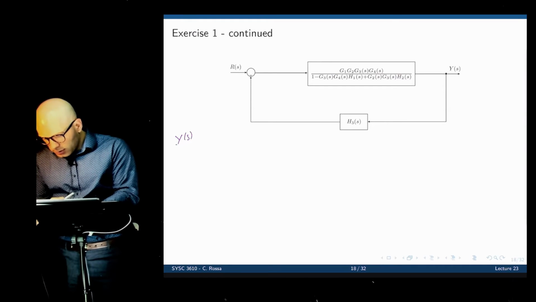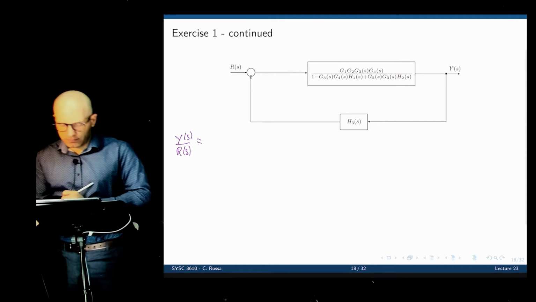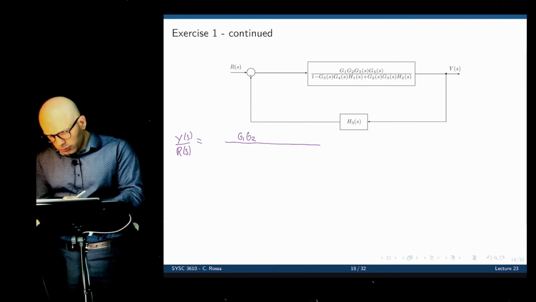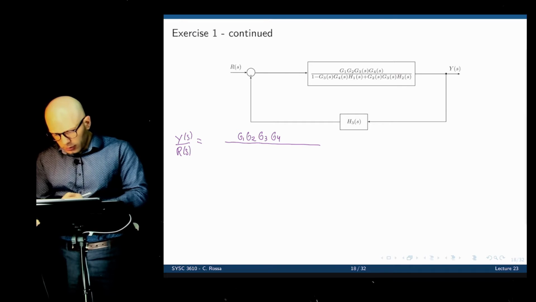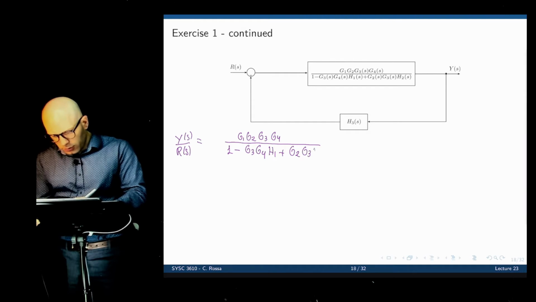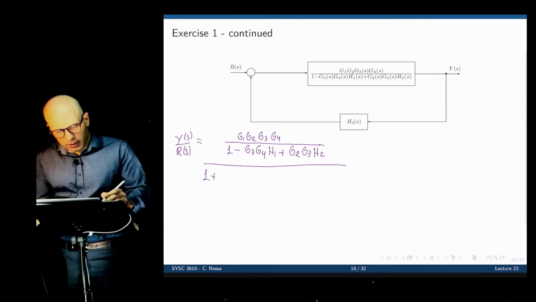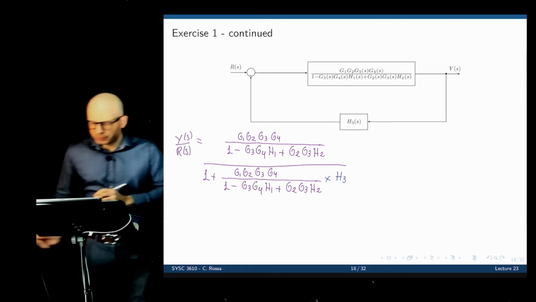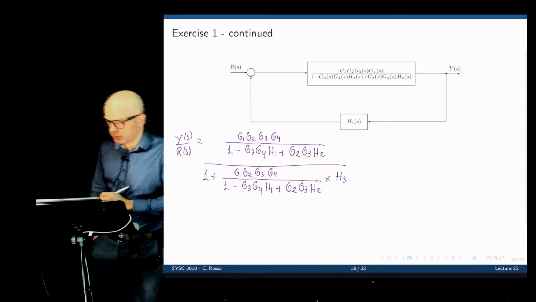Y of S over R of S is the line function G1, G2, G3, G4 divided by 1 minus G3, G4, H1 plus G2, G3, H2, all divided by 1 plus the entire thing times H3.